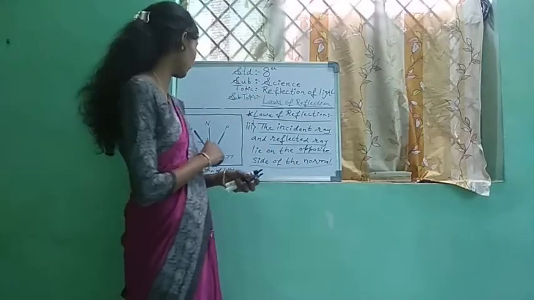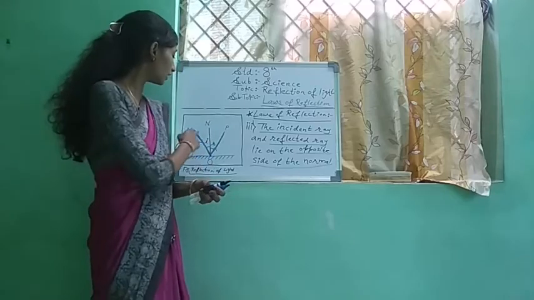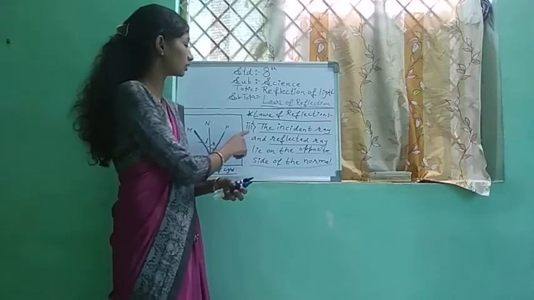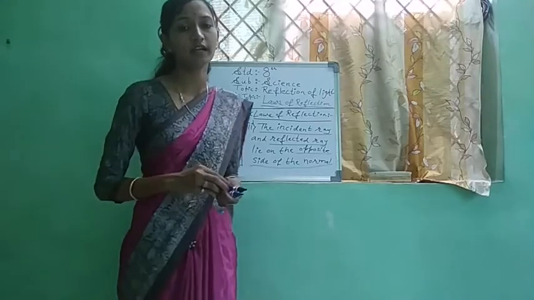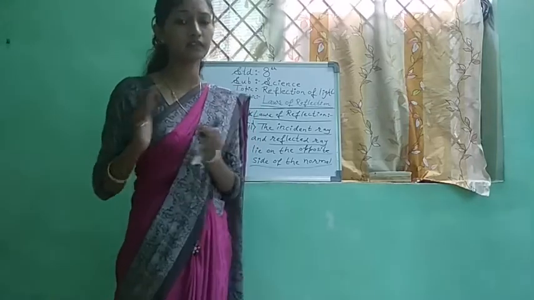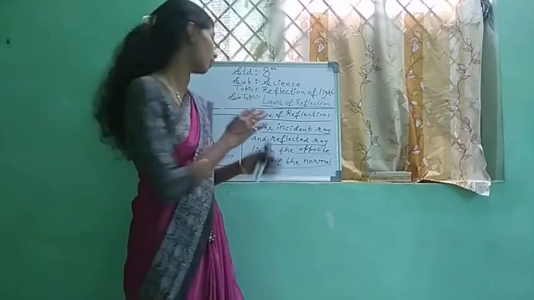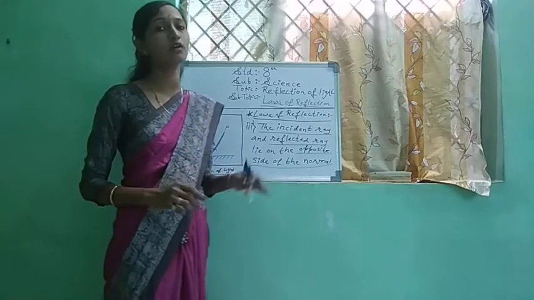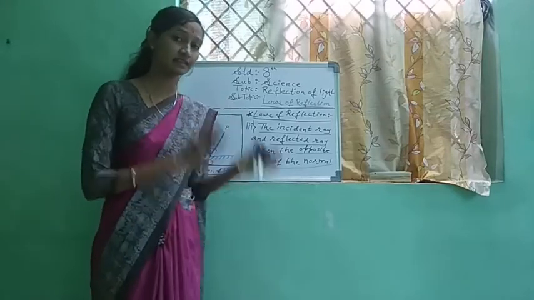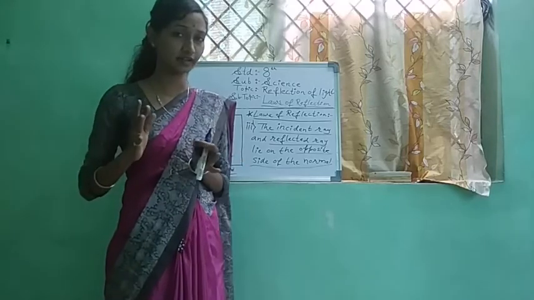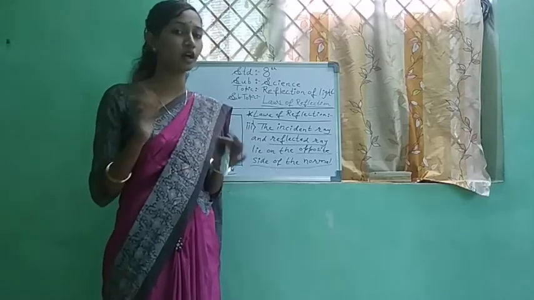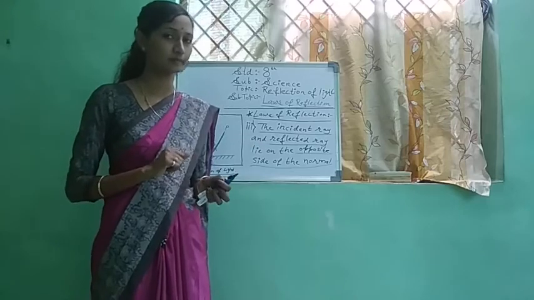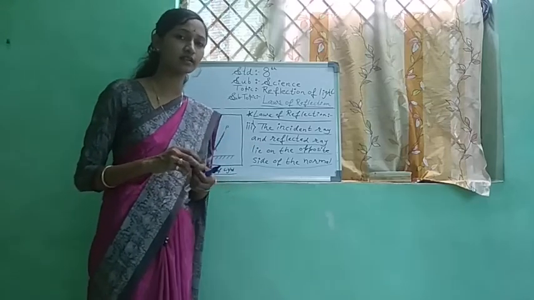Then the second law of reflection is that the incident ray, the reflected ray and the normal all lie in the same plane. And the third law is that the incident ray and the reflected ray lie on the opposite side of the normal. Okay, clear up to this?